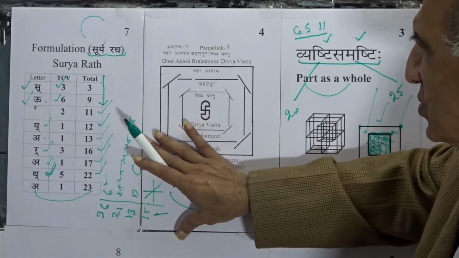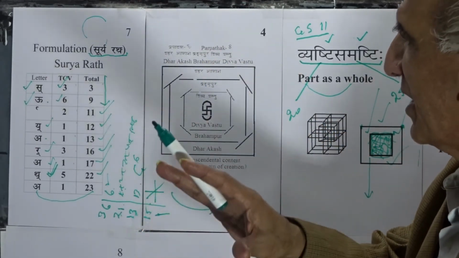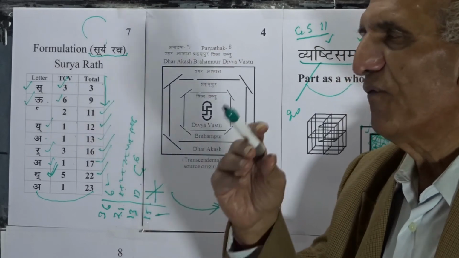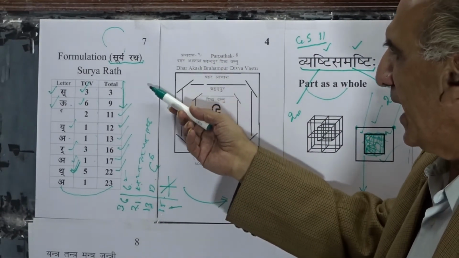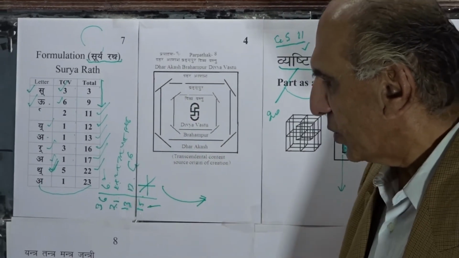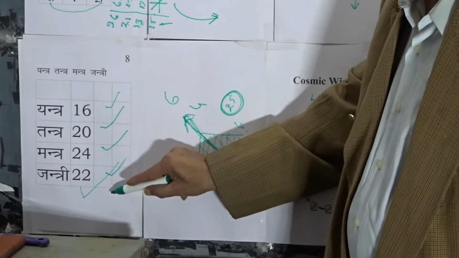These values will ultimately lead us to the practical reach for fabrication of a chariot of the sun. And we know the Jantri, it is of value 22, it is of hypercube 6.